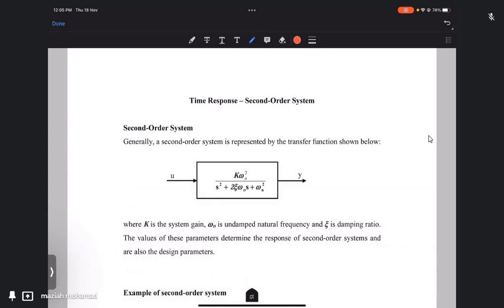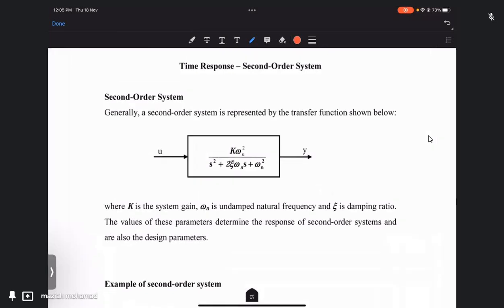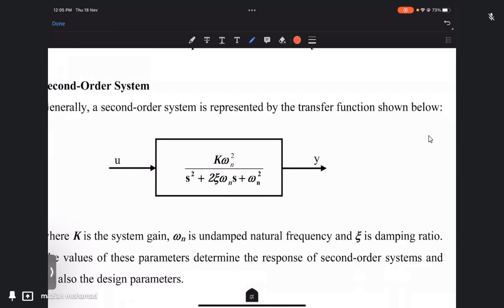Today we're going to continue with second order system. Again we start with the general transfer function for second order system. Of course, the highest order at the denominator will be to the power of 2, and that determines this is a second order system.